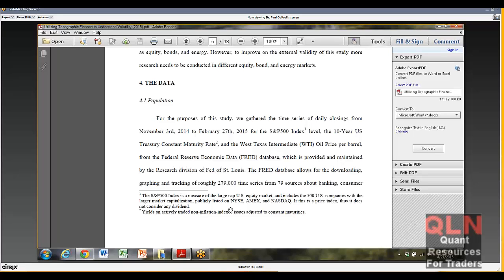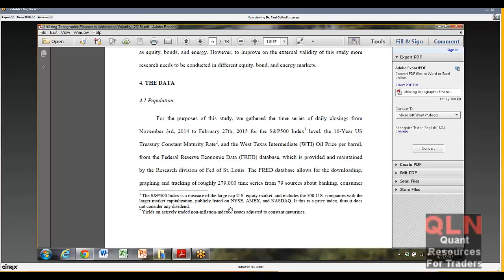It has a lot of resources. It's not just trading type resources. There's a lot of econometric type information, and I think Brian also uses it too. Yep. But I like the resources that they have. So we pulled the data from FRED, and they were all daily closing prices for each of the time series.